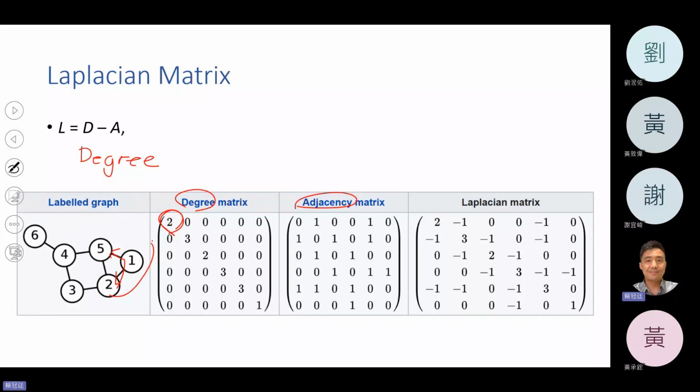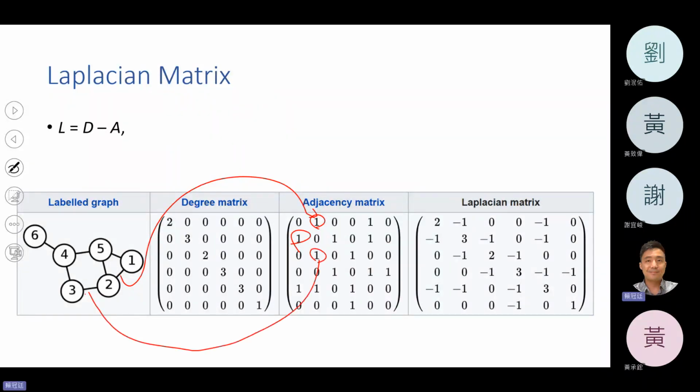The second row has 3 connections, so the degree is 3. The third row is 2. Degree usually means the importance of your node, how popular you are, how many friends are connected to you, right? In the adjacency matrix, an entry of 1 means that nodes 1 and 2 are connected. It's symmetric if there's no direction. And the Laplacian is the degree matrix minus the adjacency matrix.